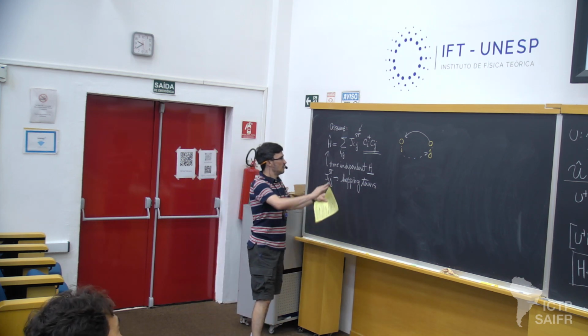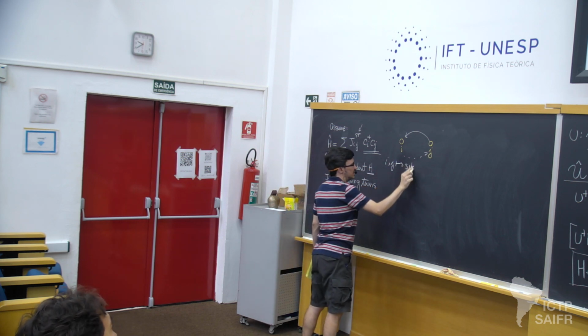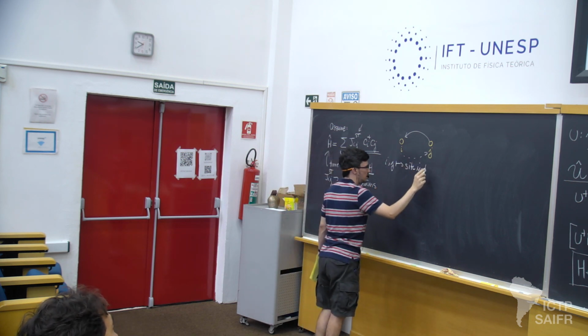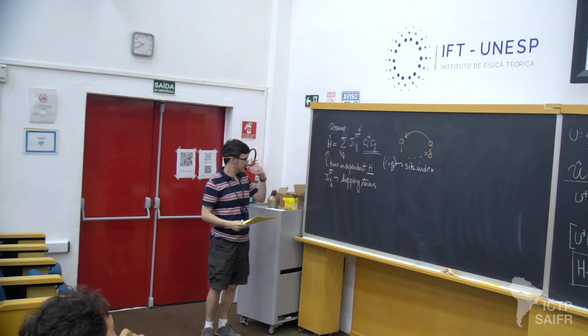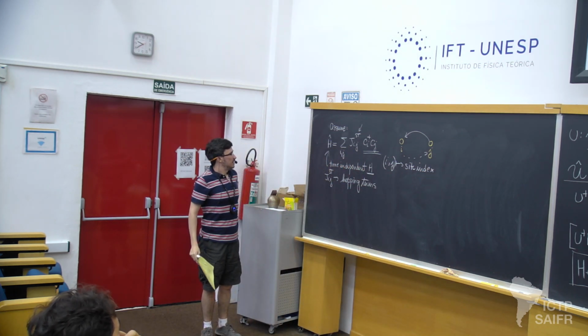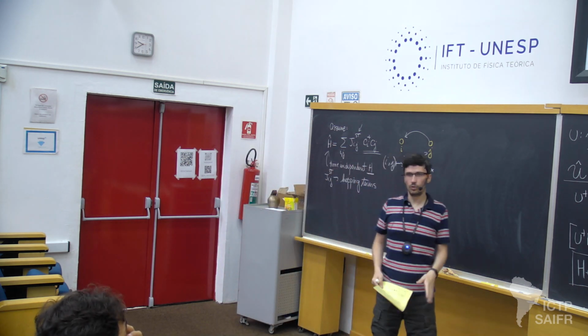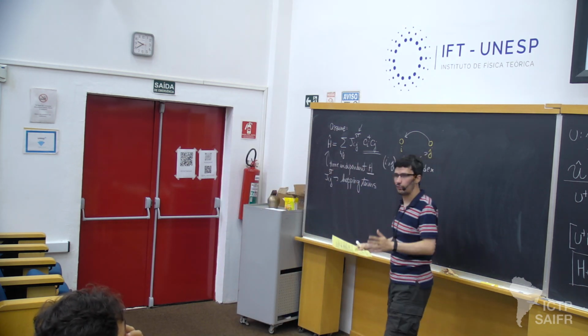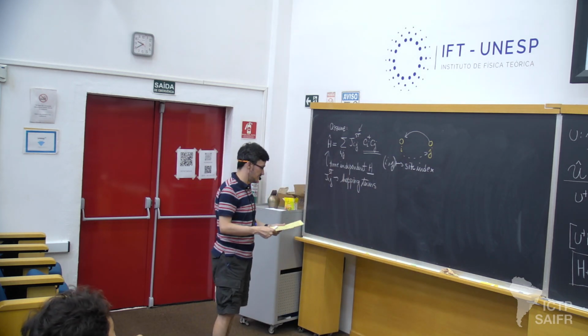Right, so i and j are going to be site indices. Let's say that this Hamiltonian is a little bit boring. You know how to solve it, nothing interesting happens. So what we can do next is make it time dependent.